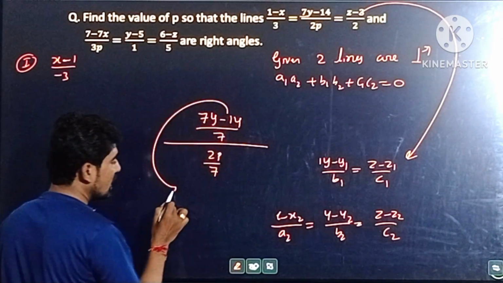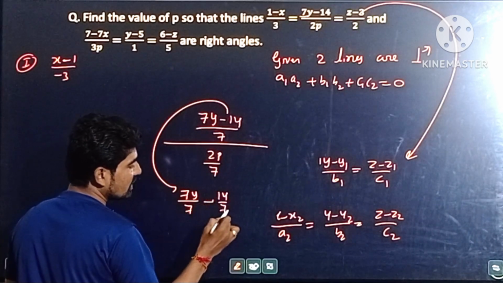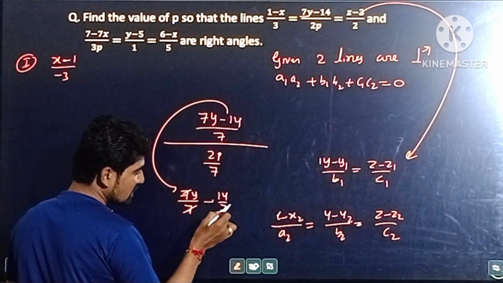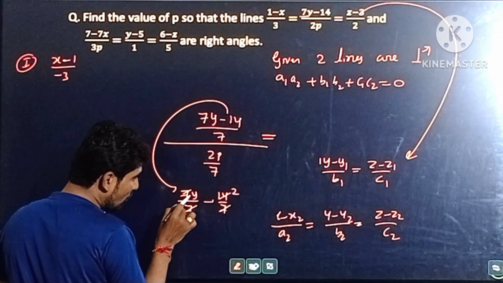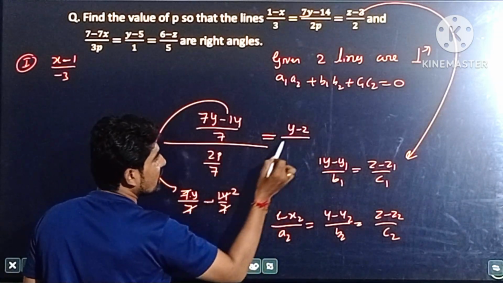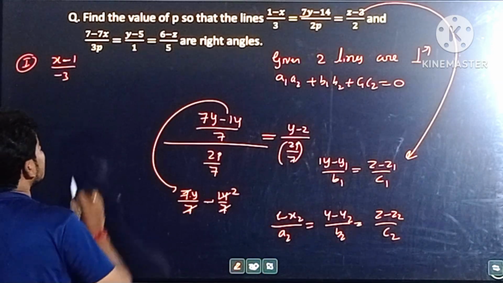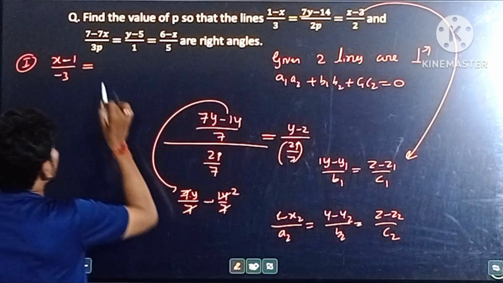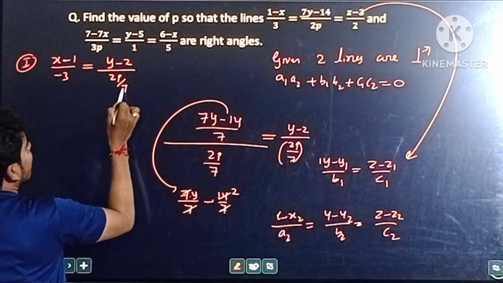This can be written as 7y divided by 7 minus 14 by 7. The 7s get cancelled, 7 ones are 7, 7 twos are 14. So the numerator becomes y minus 2, divided by 2p divided by 7. Therefore the second term takes the form y minus 2 divided by 2p by 7.